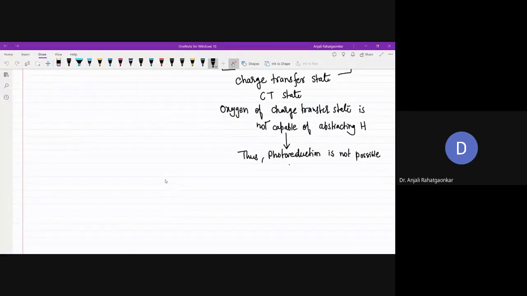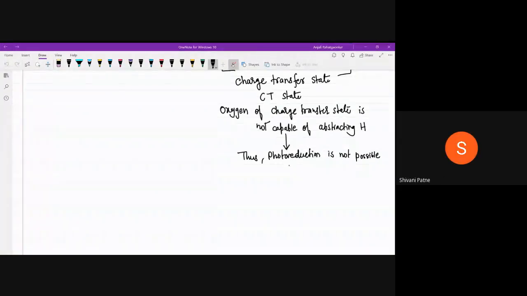So tomorrow we'll see. Okay, is that okay? Yes, ma'am. We'll see it tomorrow. We'll revise some more points and discuss photoreduction through the electron transfer mechanism. This is a very small part remaining regarding the photoreduction reaction, and we will discuss the problems which were given to you in the last lecture.